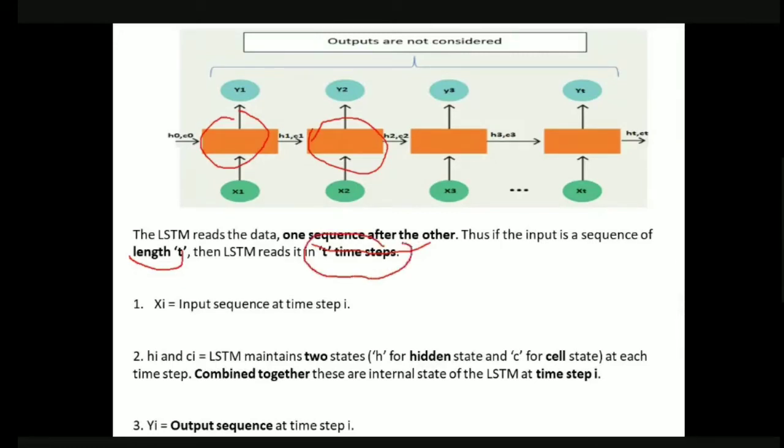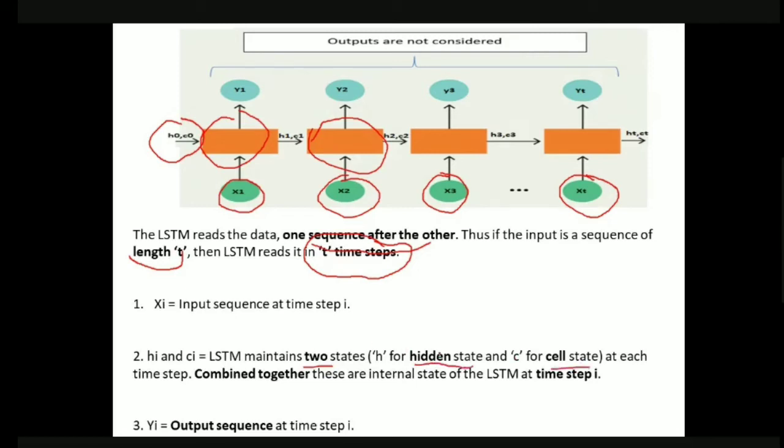It reads in T time steps. Xi means the input sequence at time step i: X1 is the input at time step 1, X2 at time step 2, X3 at time step 3, XT at time step T. Now, what about this Hi and Ci? As already discussed, LSTM maintains two states, H for the hidden state and C for the cell state.